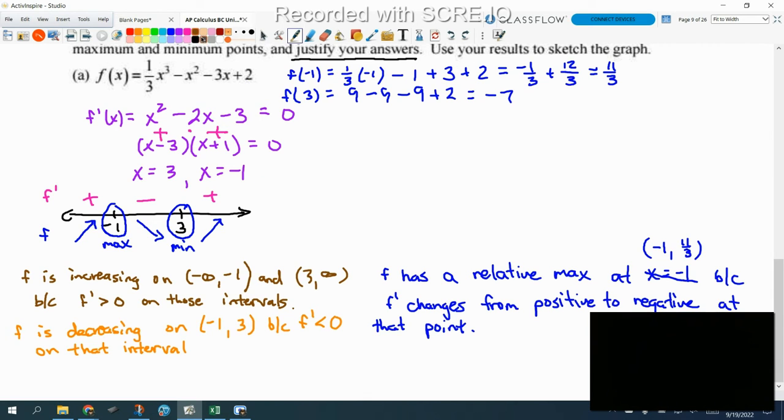And then f has a relative min at 3 comma negative 7, because f prime changes from negative to positive at that point.